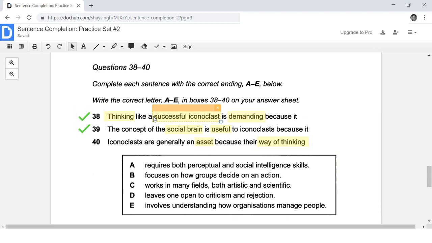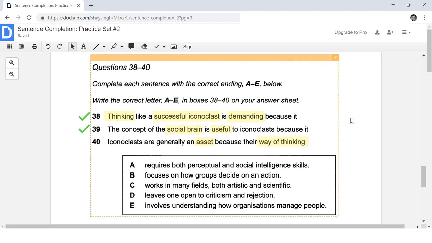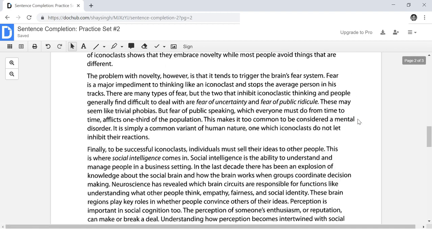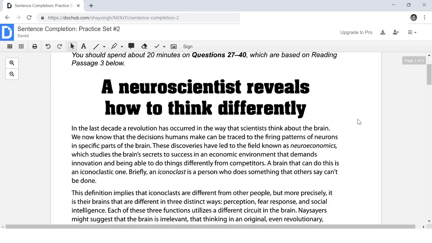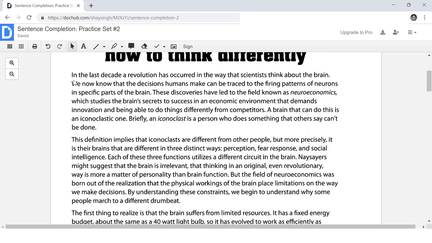Let's do number 38 and let's see if we can find the keywords thinking, successful iconoclasts, and demanding. Specifically, I'm looking for a type of iconoclast, a very specific type of iconoclast, a successful one. So I'm going to be looking for keywords and synonym language related to the word success or successful. Here we go. Let's start scanning.